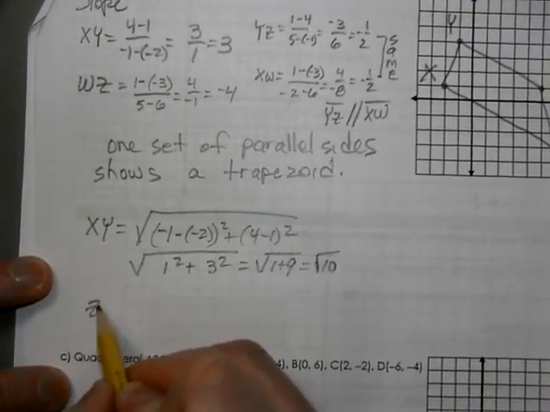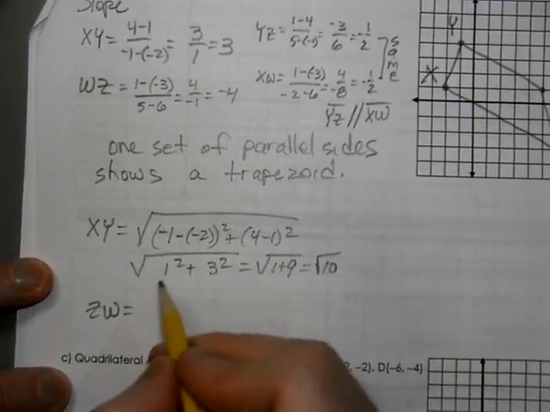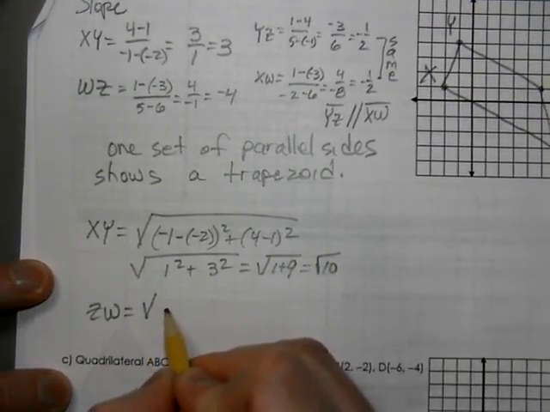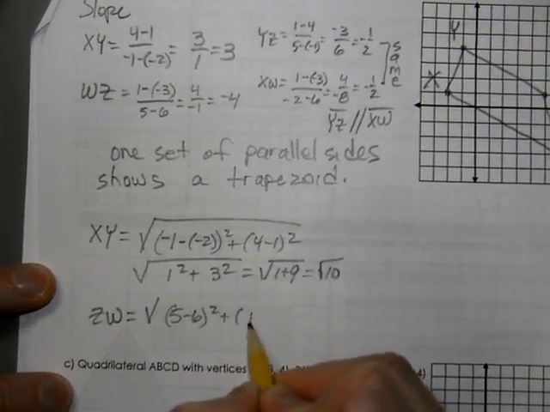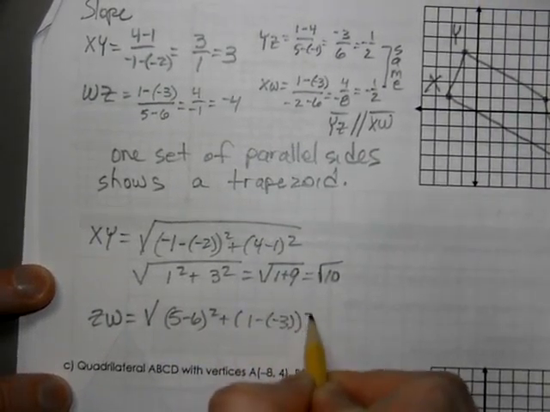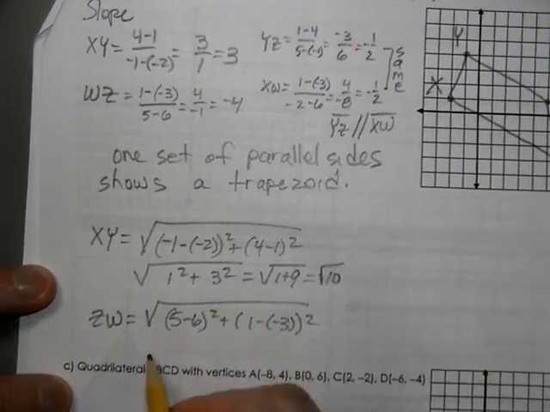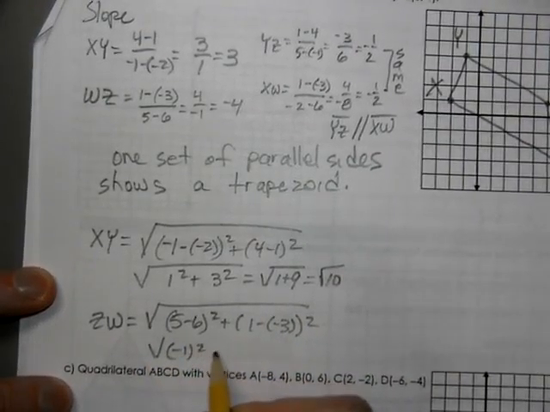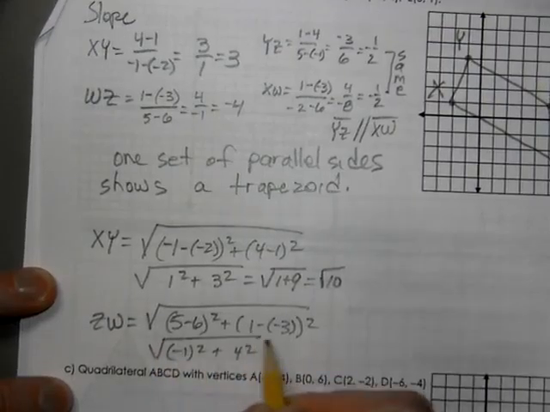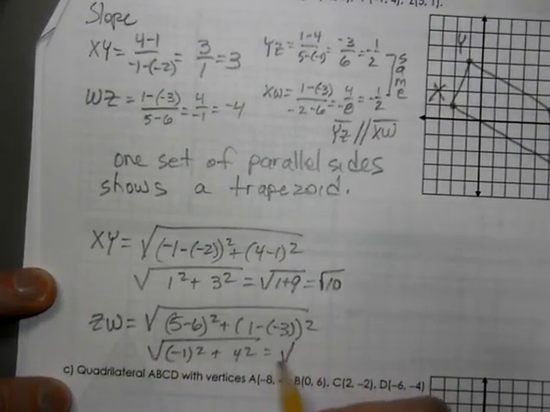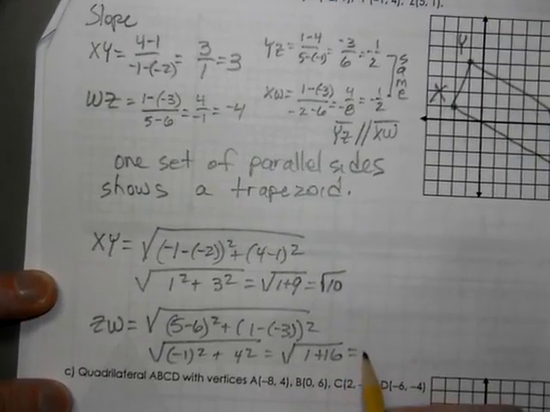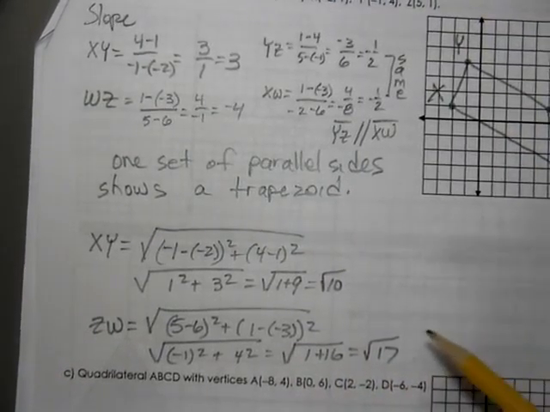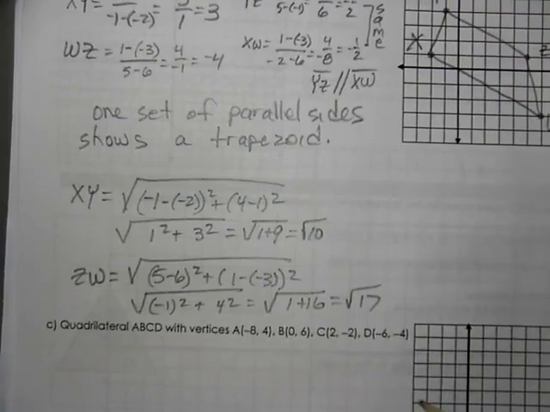So now I'm going to look at ZW, which is the other leg of the trapezoid, which is 5 minus 6 and 1 minus a -3. So we square -1 to get 1 plus 16 equals square root of 17. Those are different lengths. So the legs are not the same length.